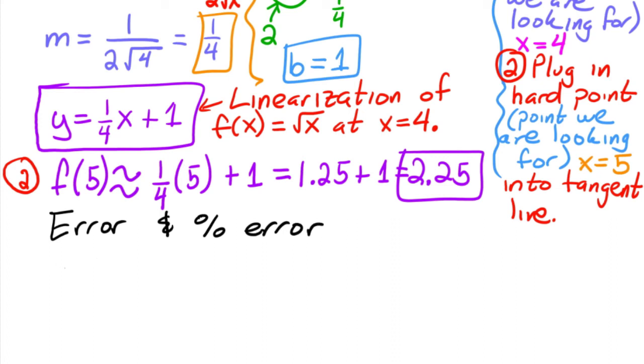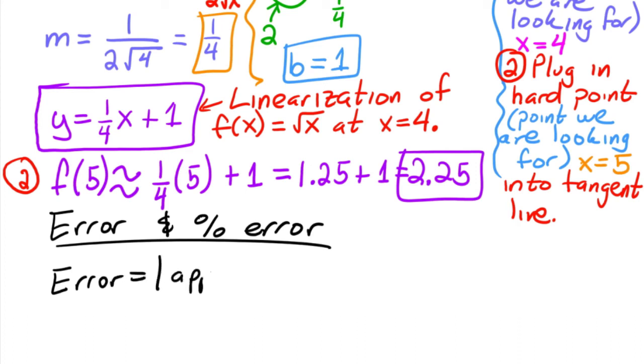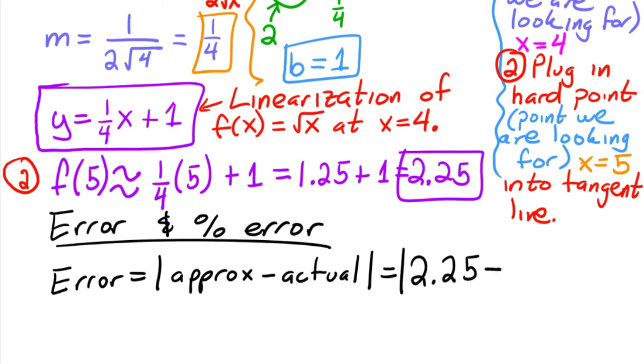The error is simply the absolute value of the approximate minus the actual. Our approximation was 2.25, minus the actual.